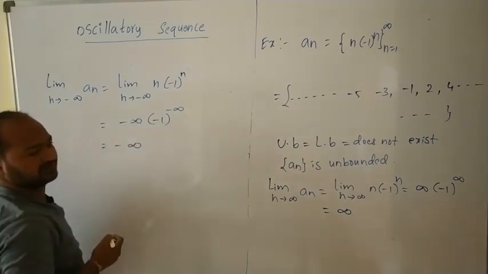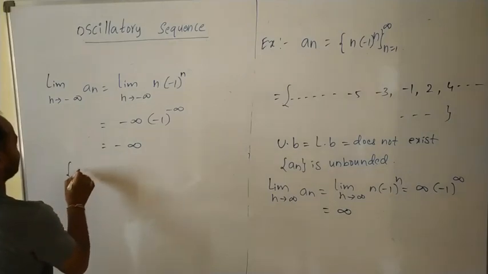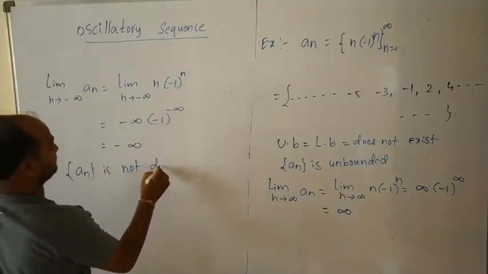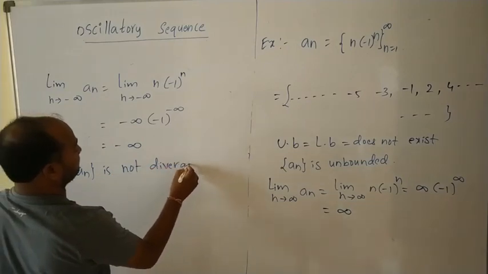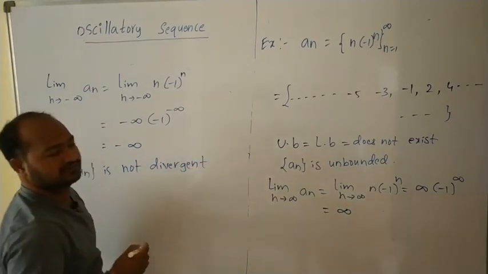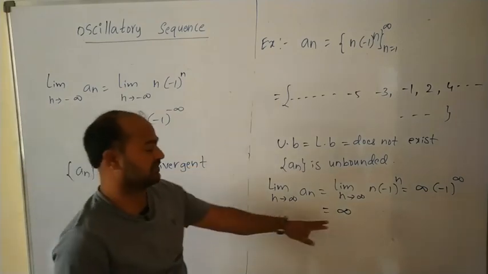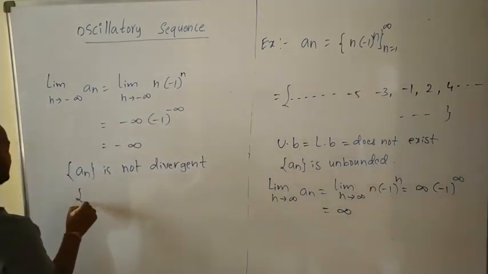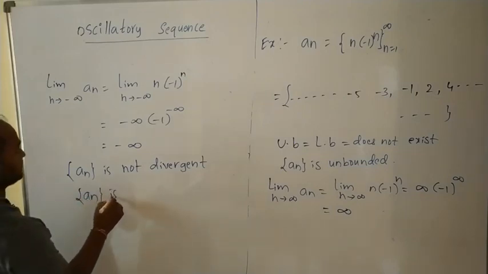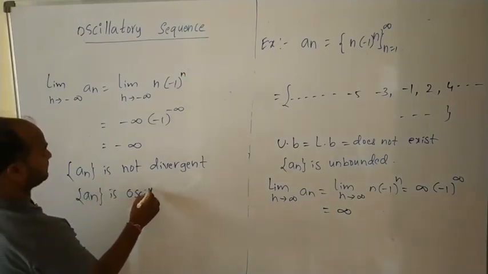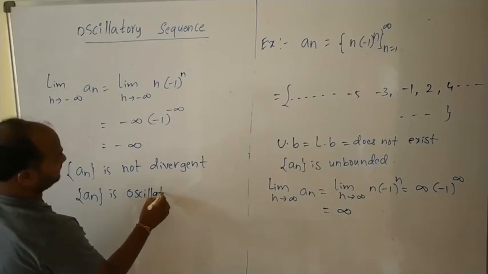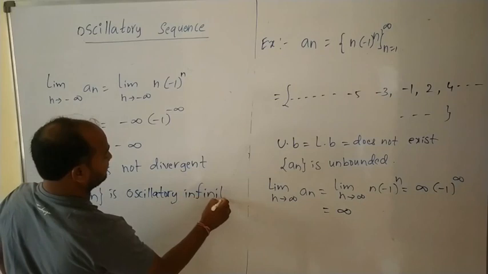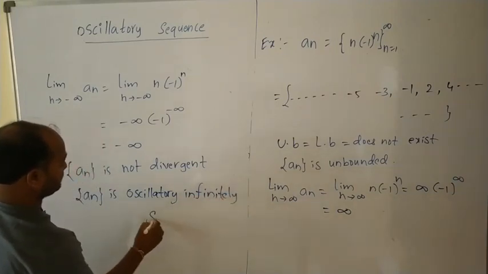Therefore the given sequence is not divergent, meaning it does not tend to either plus infinity or minus infinity. Therefore the given sequence is an oscillating or oscillatory infinitely sequence.